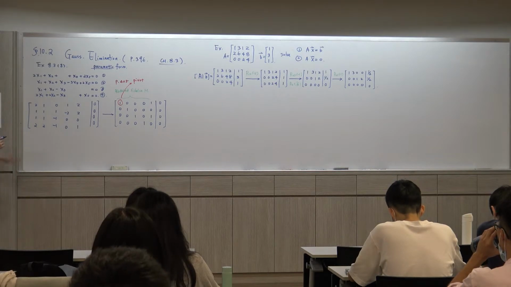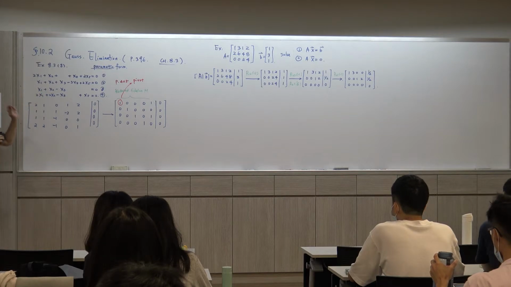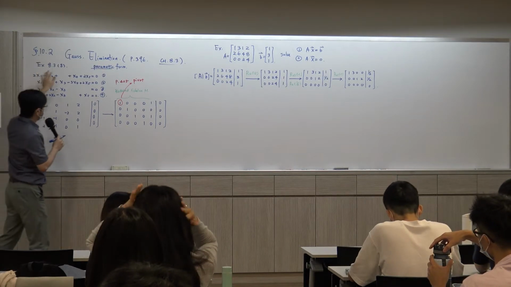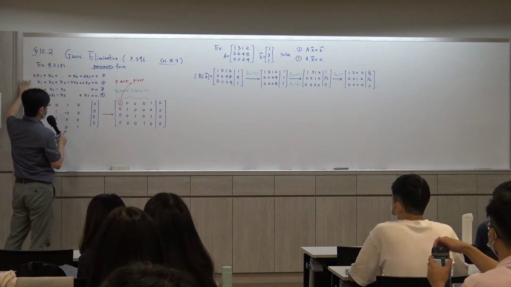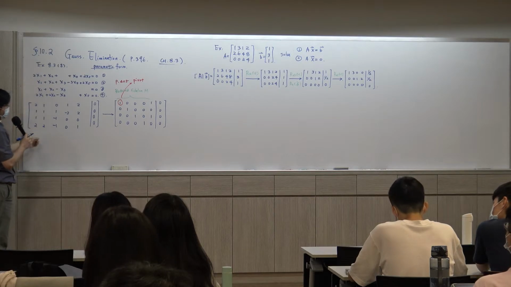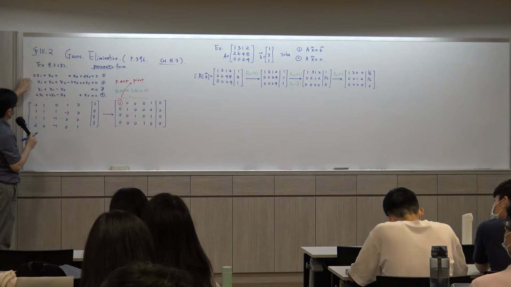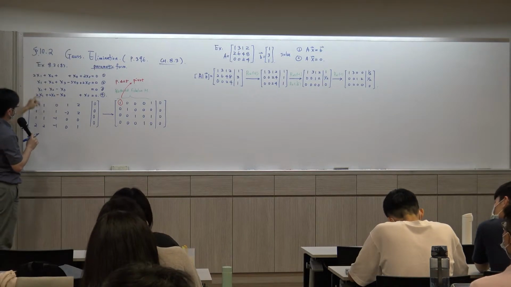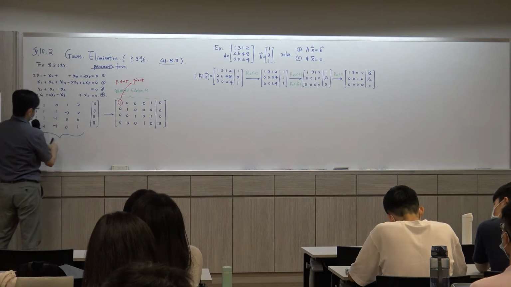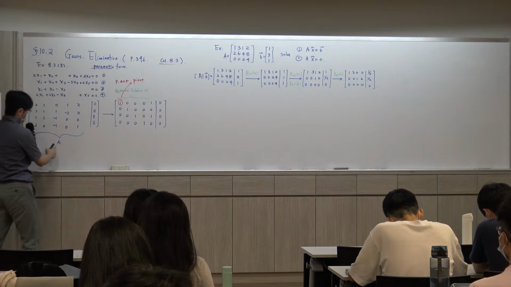So we can use the method we mentioned before. We can let the 4 equations be described with a matrix. So we just put the coefficients here. So this part you can consider as a coefficient matrix.